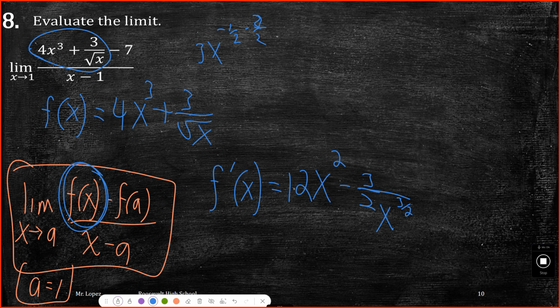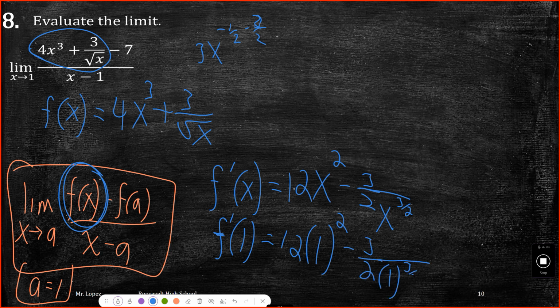And now we can evaluate. Just evaluate now at 1. So f prime at 1 is going to be equal to 12 times 1 squared minus 3 halves times 1 to the 3 halves. 1 squared is 1, 1 times 12 is 12. And 1 to the 3 halves is still 1, so it'll be minus 3 halves.